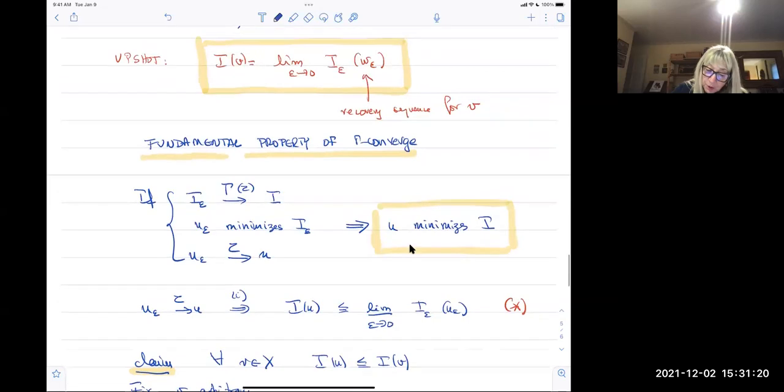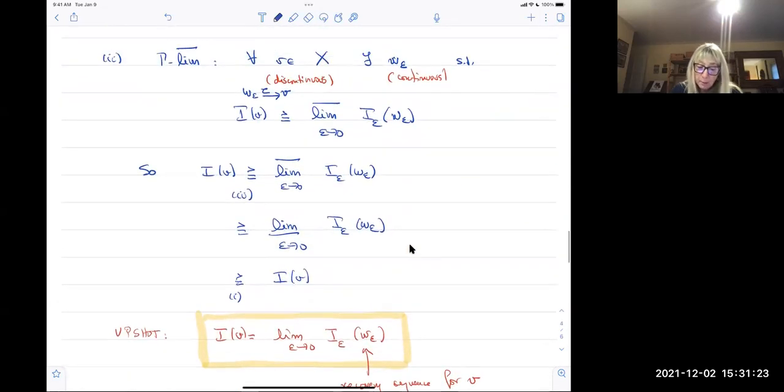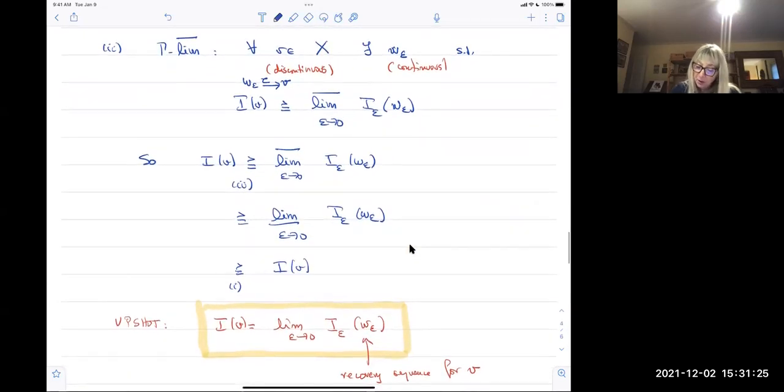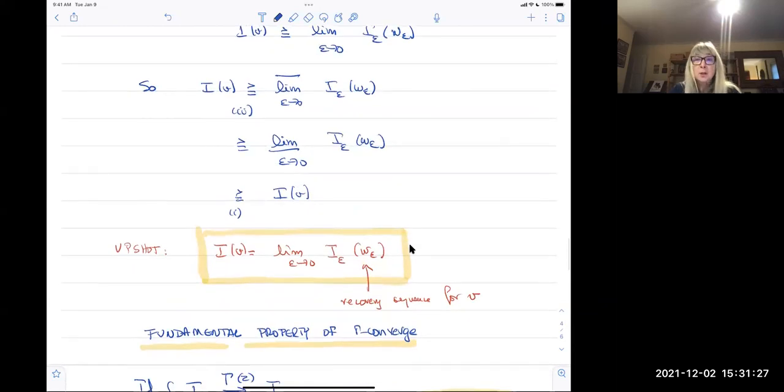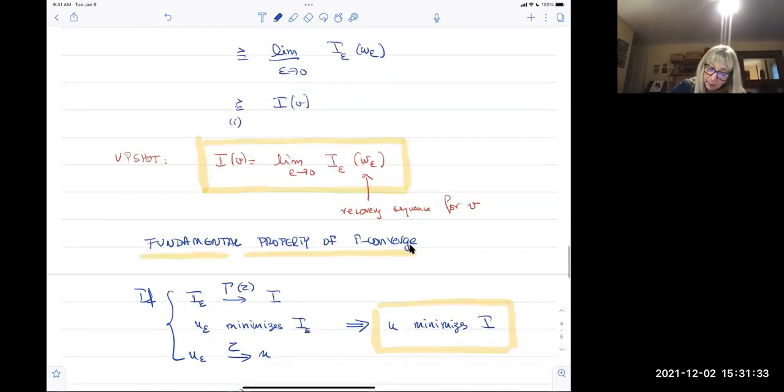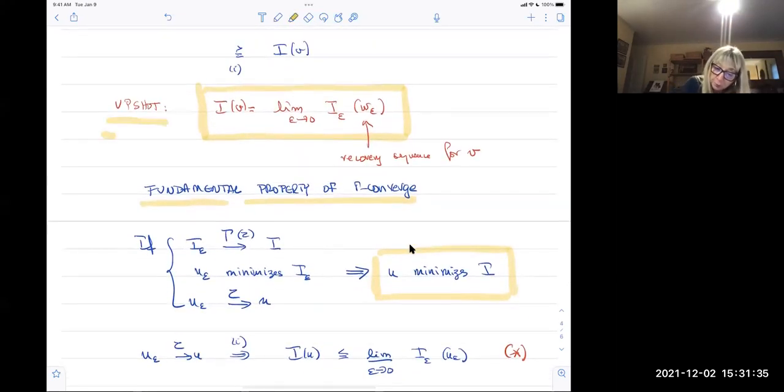And now I'm going to use 2i. Remember, 2i is that I can always find a recovery sequence. It's even better than the limsup. It's exactly the limit. That was the upshot here.